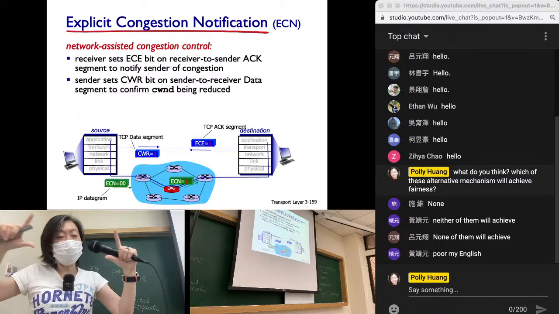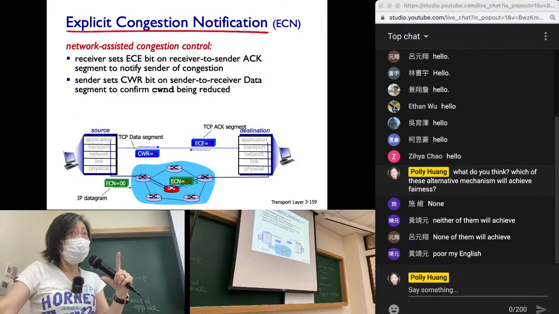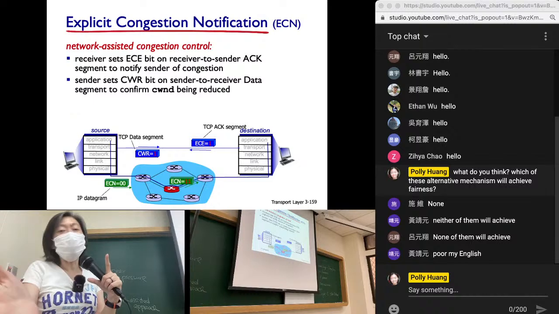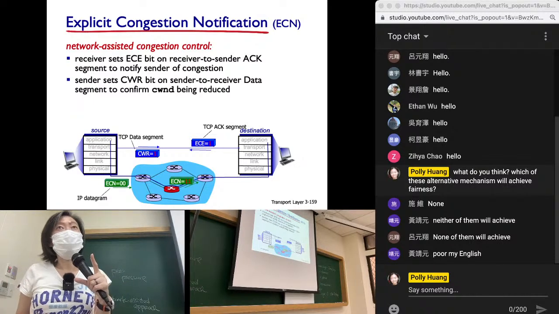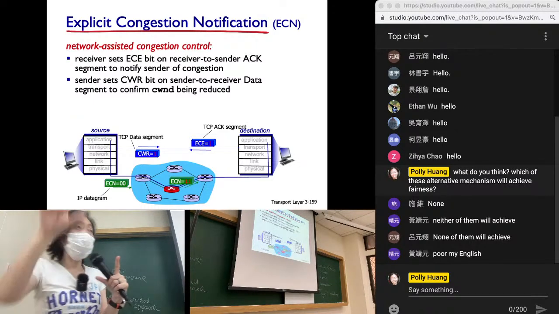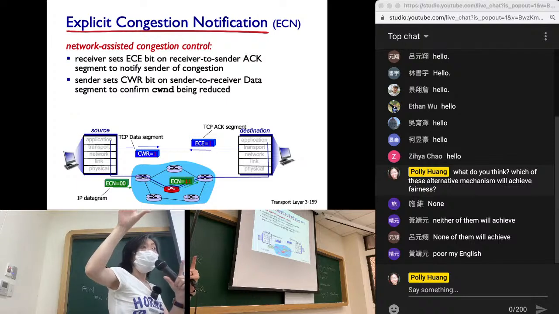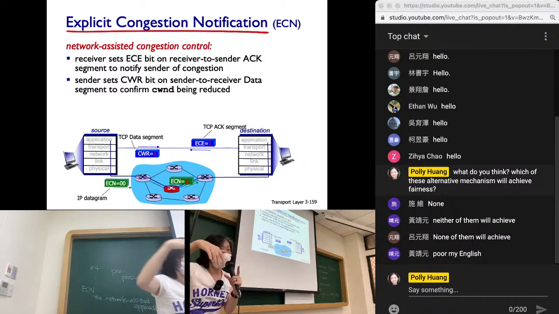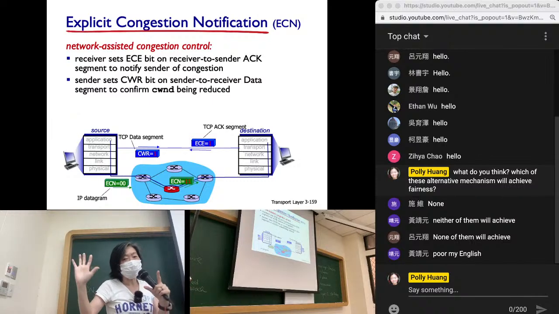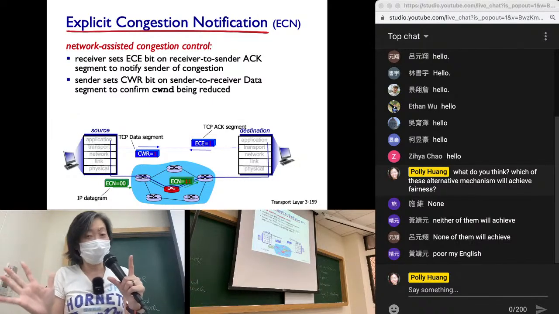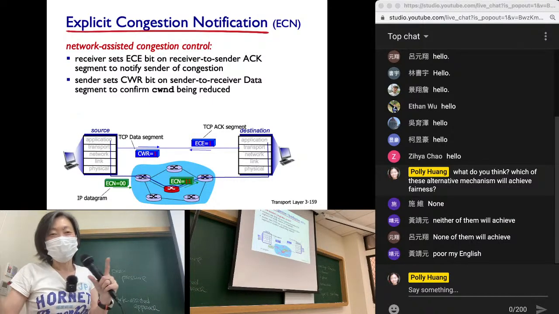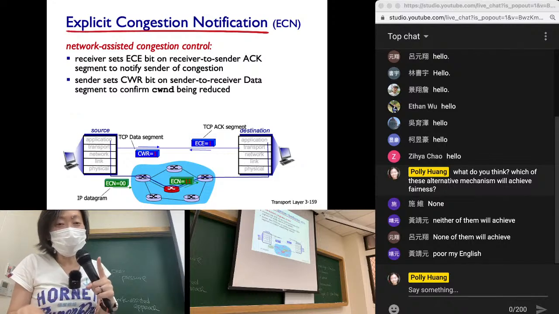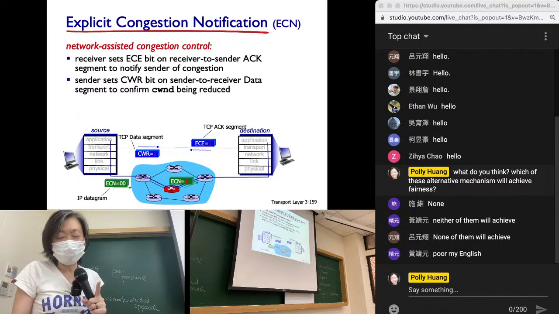If all of us are sending that much data, it still overwhelms the router in the middle. So that router has some free space, but that router might be shared by many of the senders, many of the connections. And you still don't know how many connections there are. So this ECN approach, although very ideal, is still a little bit far-fetched.